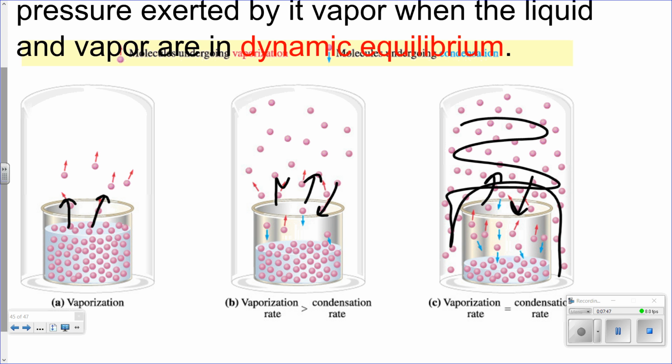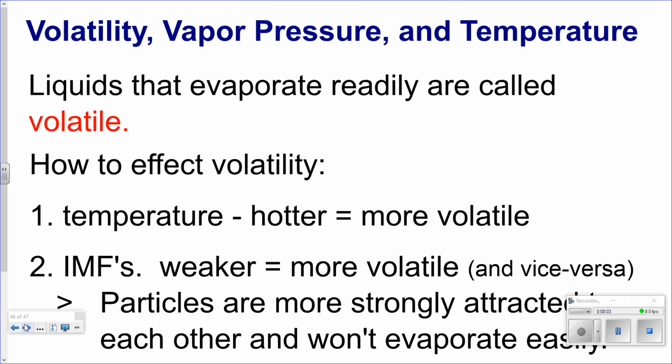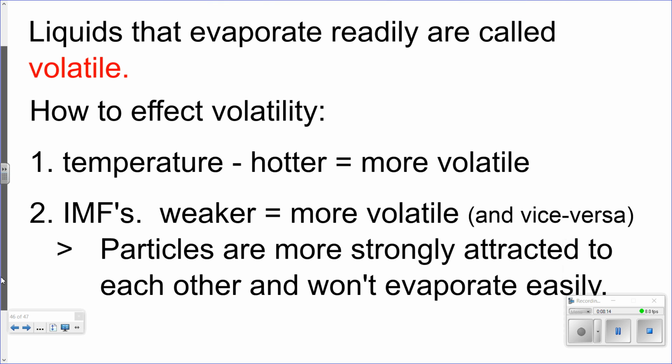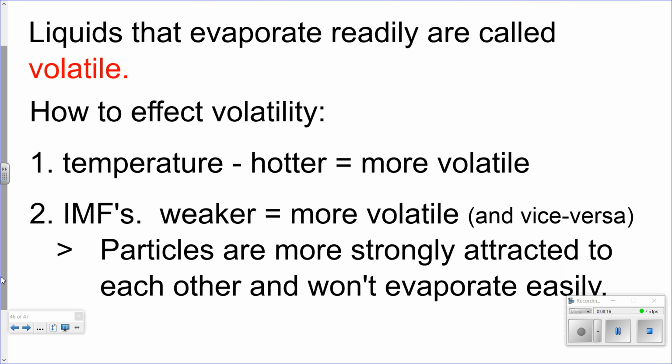Now we're comparing two different compounds or molecules. The stronger the attractive forces, the weaker the vapor pressure is going to be, because the particles are more sticky and not as many of them have escaped the liquid phase into the vapor phase. When we look at particles that are volatile, in other words that evaporate readily, temperature matters: the hotter, the more volatile.